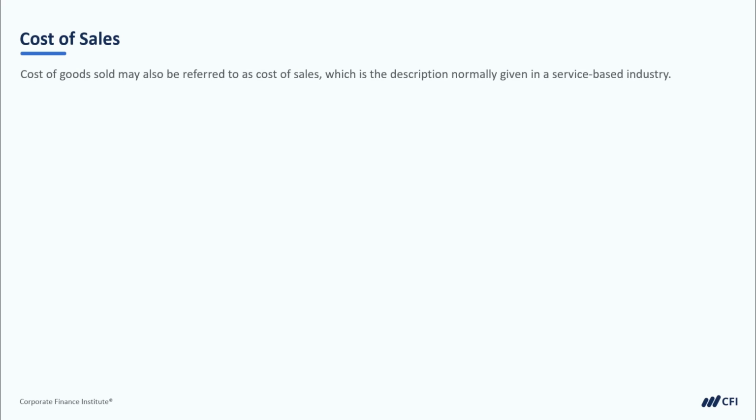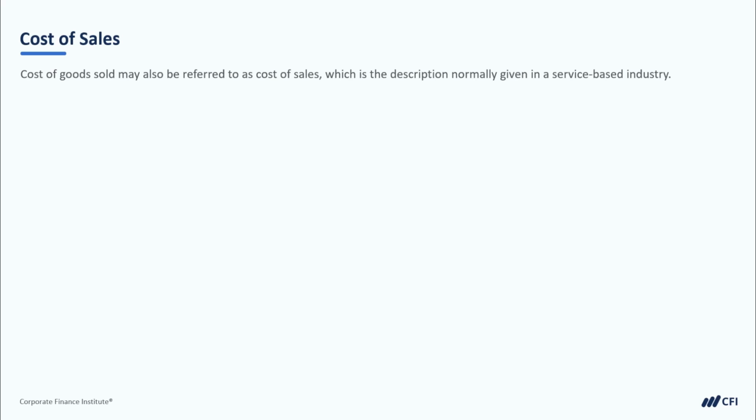We typically will use cost of goods sold, or COGS for short, if the company is selling some type of tangible inventory. If it's selling a service, we will call it cost of sales instead of cost of goods sold, because that's normally what we see in service-based industries. For our purposes, and as we talk throughout the rest of this course, we're just going to refer to everything here as cost of sales.